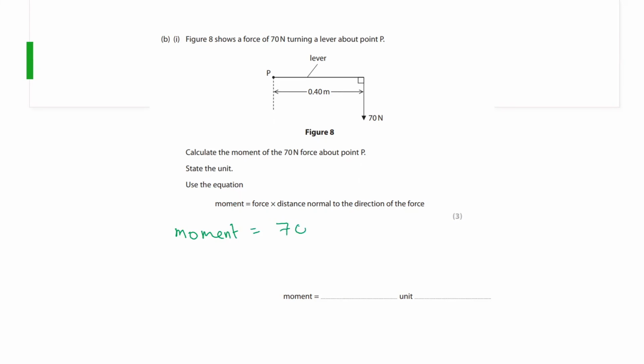Force 70 newtons, distance 0.4, we have to use meters. So 70 times 0.4 is 28. Newton meters. So we're multiplying newtons by meters here.